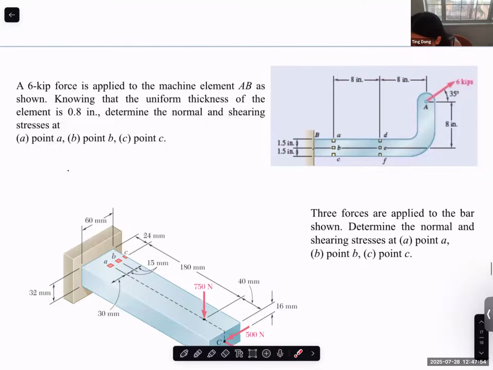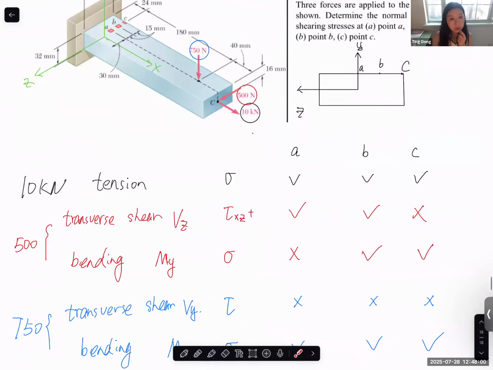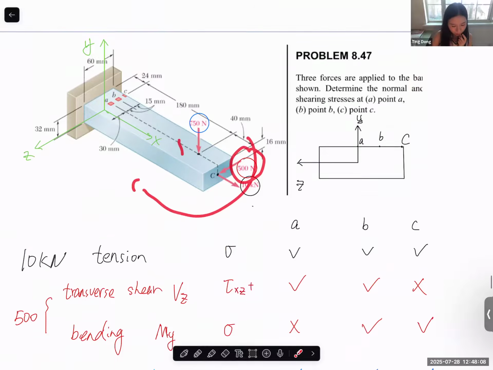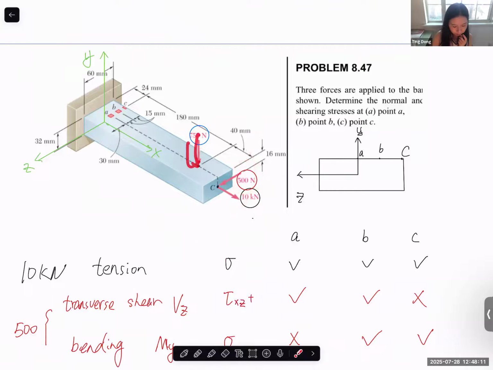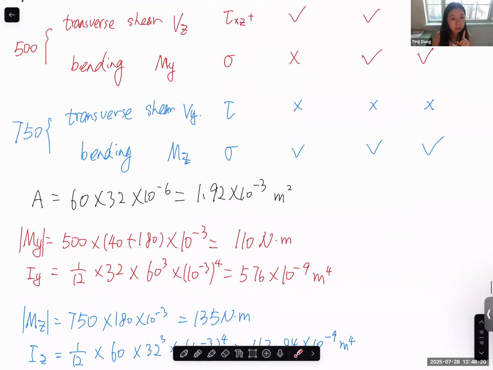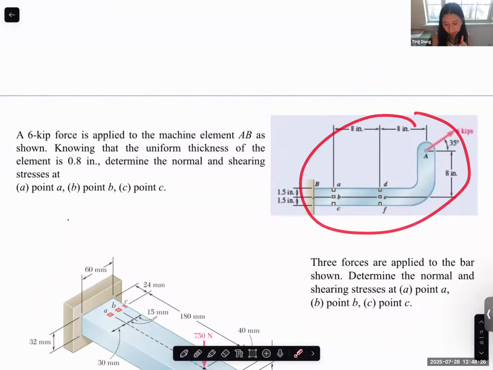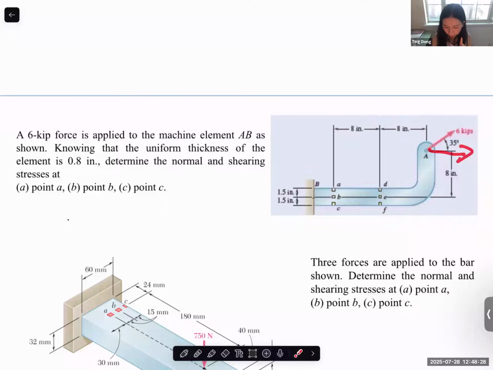For normal stress in this type of problem, how do we know when we add or subtract bending moment? For this one, you cannot really add or subtract bending moment, because the bending moment here is about the y-axis, and the bending moment generated by this one is about the z-axis. They are bending moments about different axes, so you cannot add or subtract them. In the problem we did add and subtract, we had this component and this component, but both components are about the z-axis.